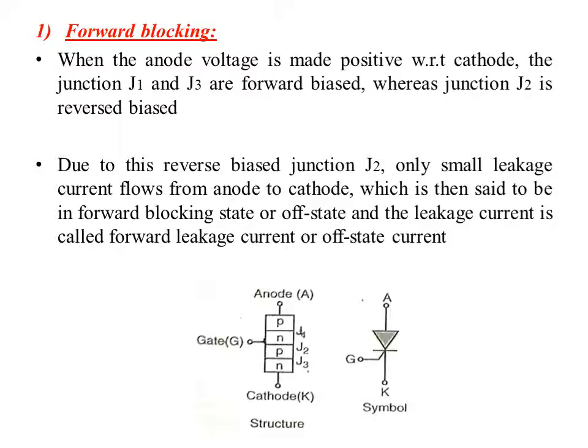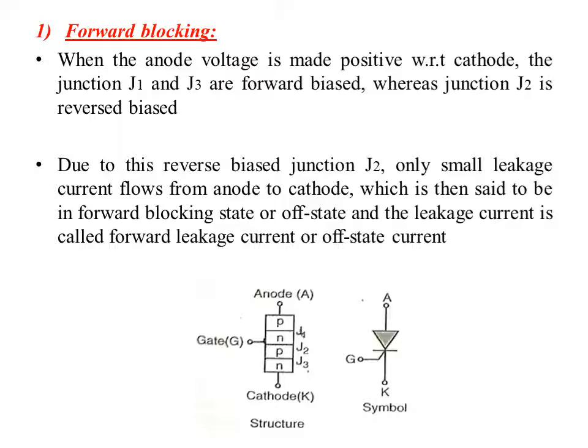Due to this reverse biased junction J2, a small leakage current flows from anode to cathode, which is then said to be the forward blocking state or off state, and the leakage current is called forward leakage current or off state current.